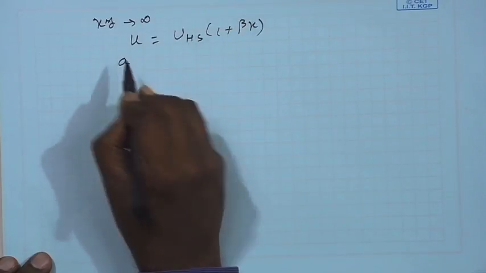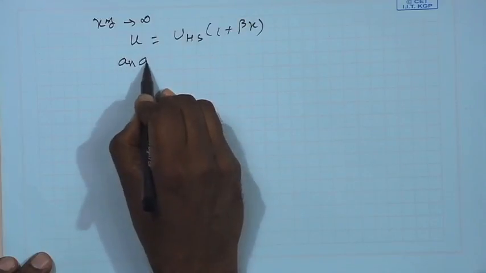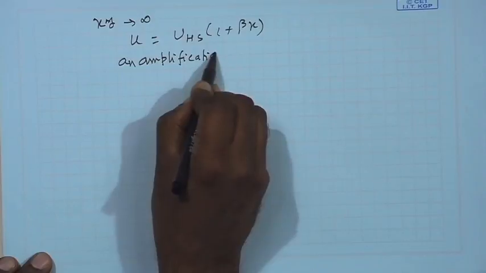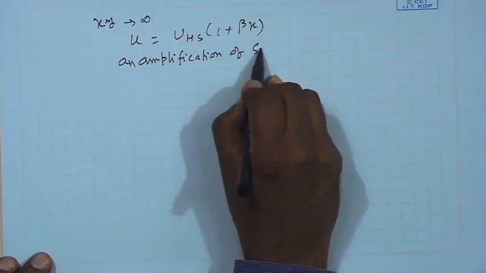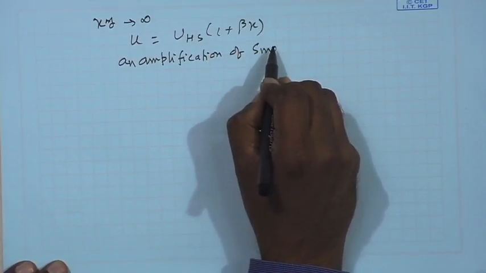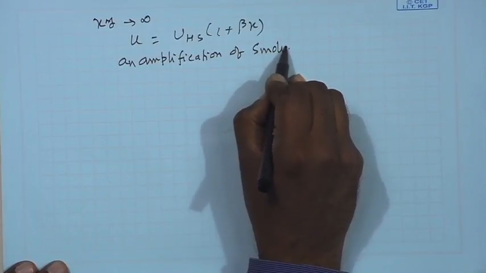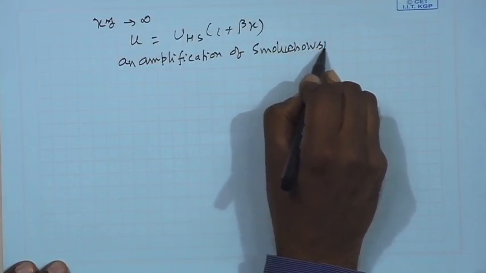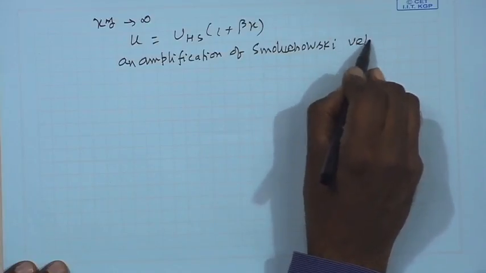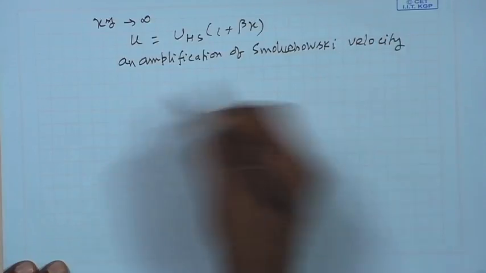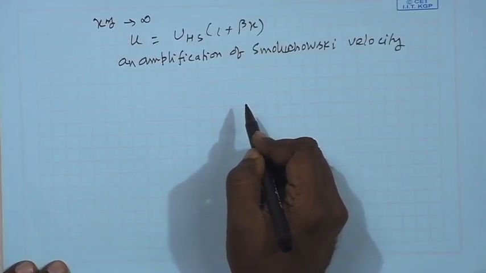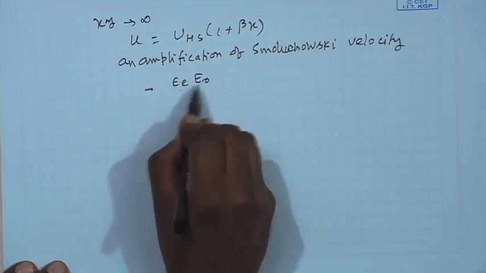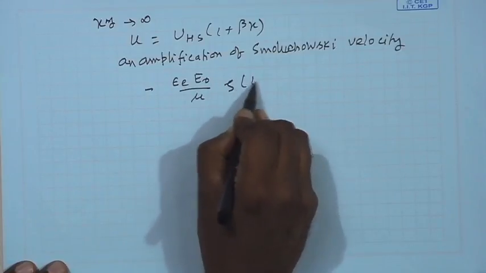That means an amplification of the Smoluchowski velocity is evident. If I write the form of UHS, it becomes epsilon E E0 by mu, zeta into 1 plus beta kappa.